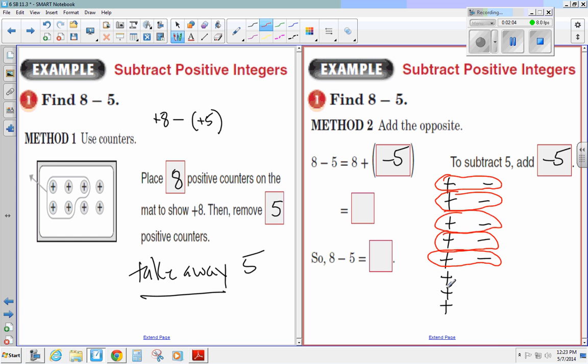And so the only thing that's left is 3 positives. So 8 minus 5 is 3. So again, you can use just counters and think of it as subtracting positives, or you can think of adding negatives and then canceling things out.